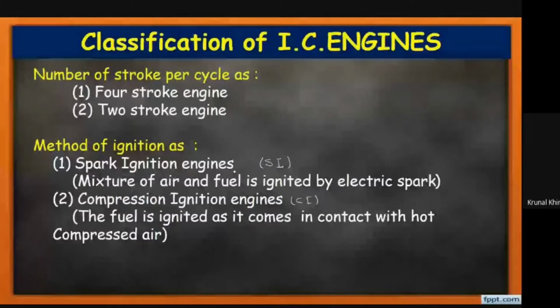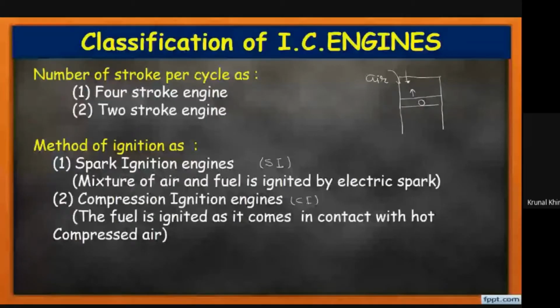In the second, the fuel is ignited as it comes in contact with the hot compressed air. Students, as all of you know, compression ignition means the diesel engine. Suppose I'm explaining to you, this is a cylinder and here we have the piston. From the suction valve only air is drawn, then comes the compression stroke, and at the end of the compression the pressure and temperature reach very high values.